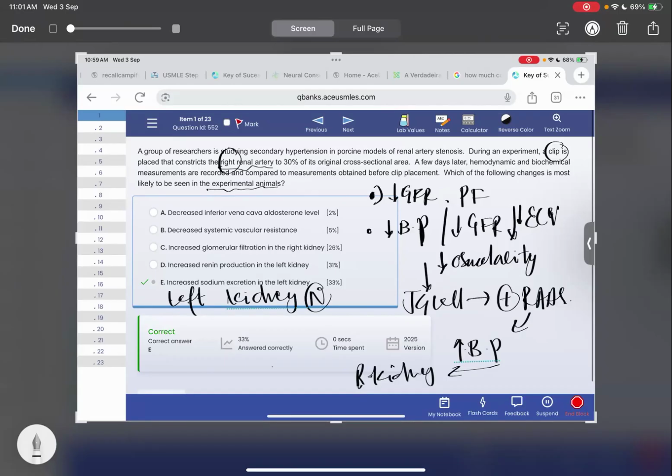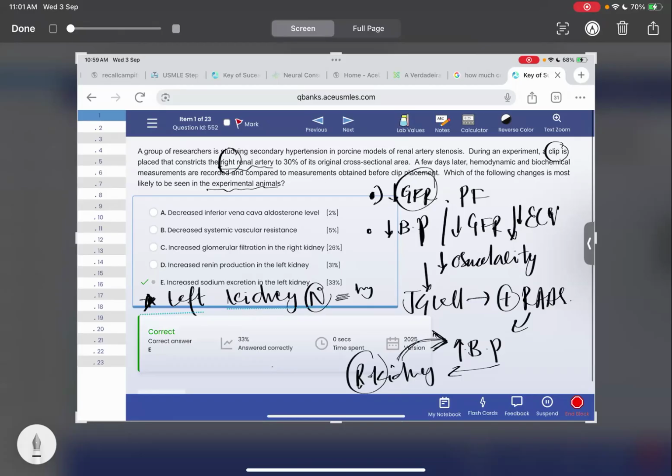According to the right kidney, we have low blood pressure because GFR and blood flow are low, right? So the right kidney tries to increase the blood pressure, while the left kidney thinks that it is receiving normal blood flow, so we don't have hypotension, right?